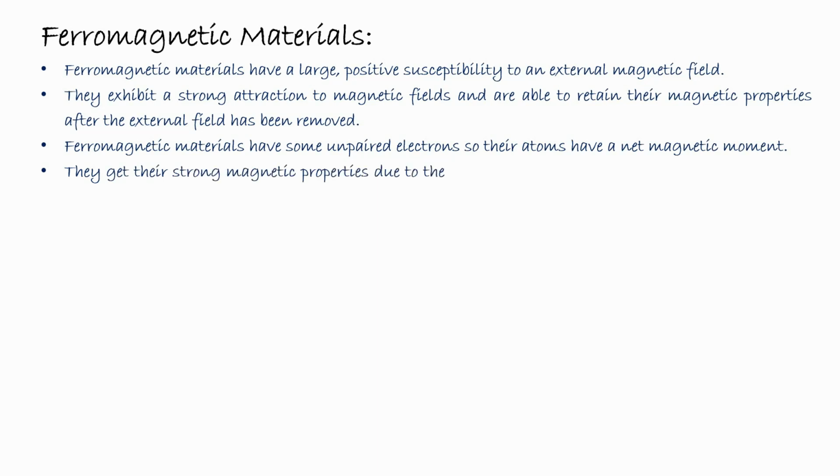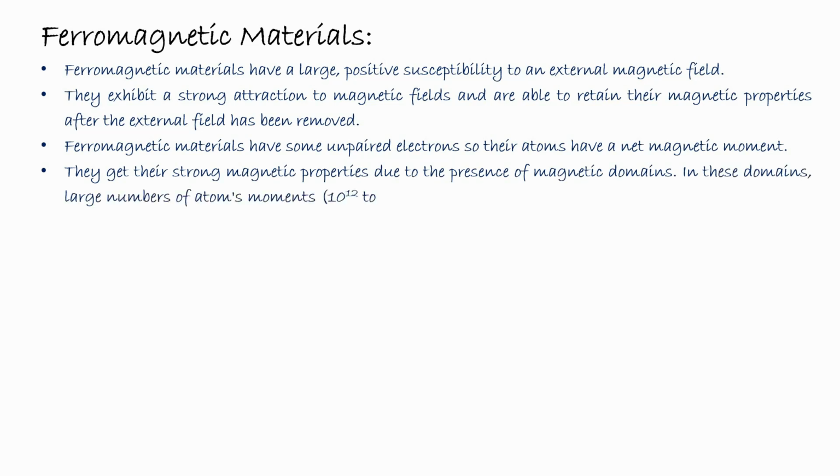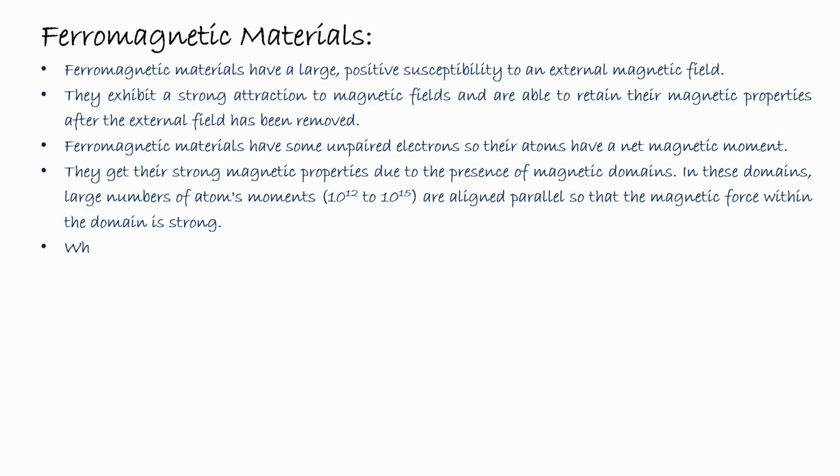They get their strong magnetic properties due to the presence of magnetic domains. In a domain, a large number of atomic moments, that is 10 to the power 12 to 10 to the power 15, are aligned parallel so that the magnetic force within the domain is strong. That means there are a number of domains within the material, and these domains show the magnetic force, so the overall magnetic property of this material is very strong.